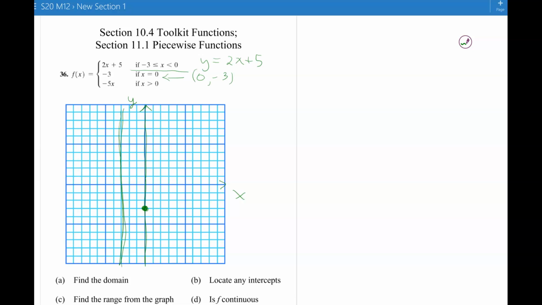And then for positive values of x, so that's all the values of x to the right, I'm going to have y equals -5x. Okay, so let's start where x equals -3.